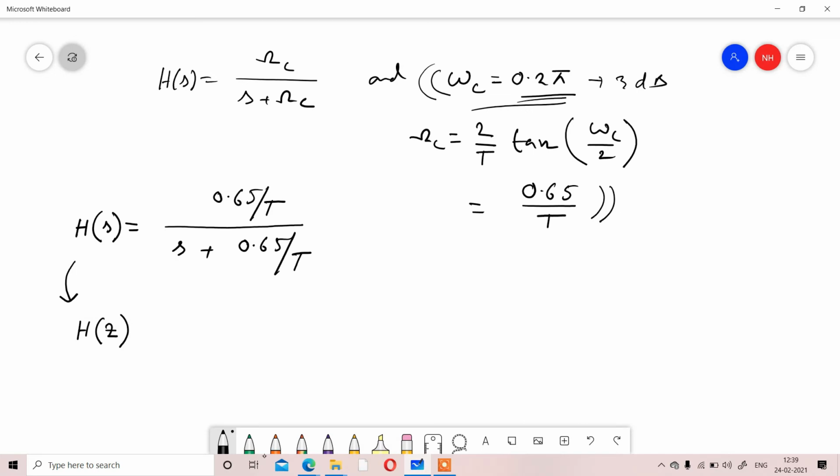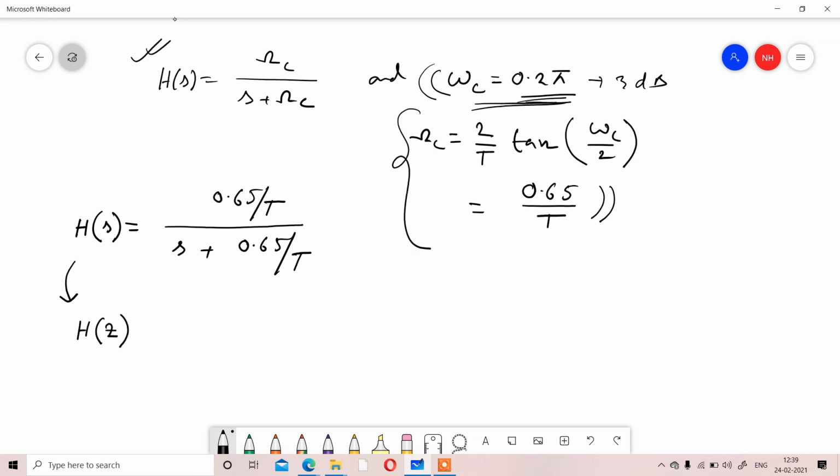So depending on the digital frequency you are getting the analog frequency. Check it here, the pre-warping process is happening. Try to understand it. Normally the analog frequency is given, and from that analog frequency, whatever the omega c is, if we simply replace, you will get the digital frequency. But here a digital frequency has been provided. So what we are doing is, from that digital frequency we are calculating the analog frequency.